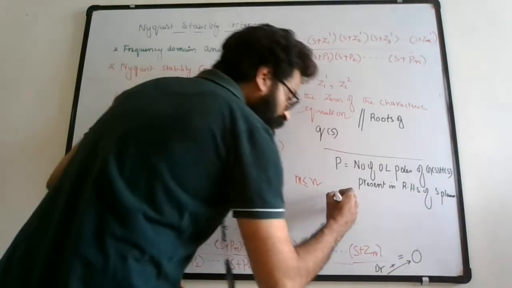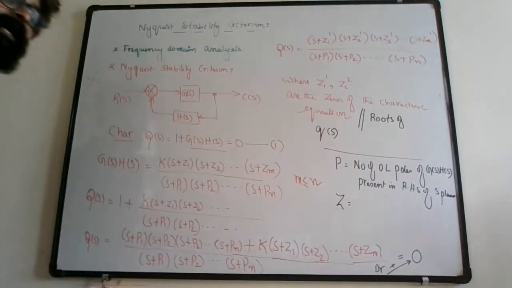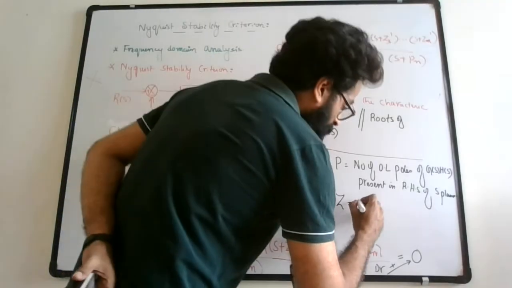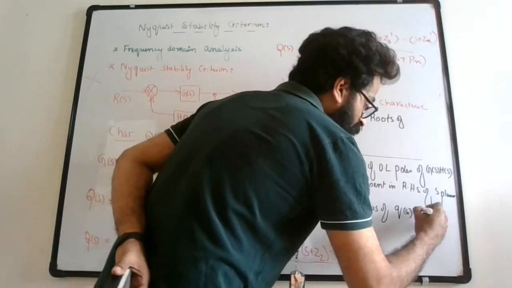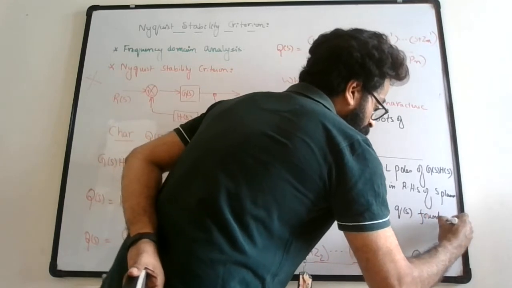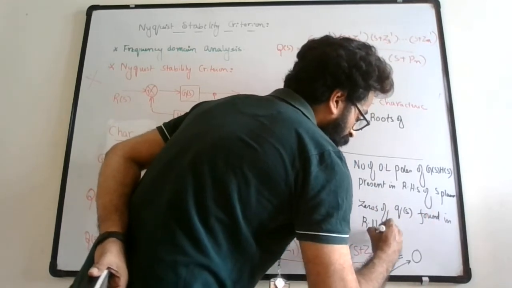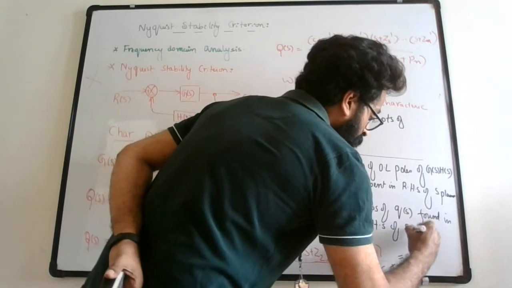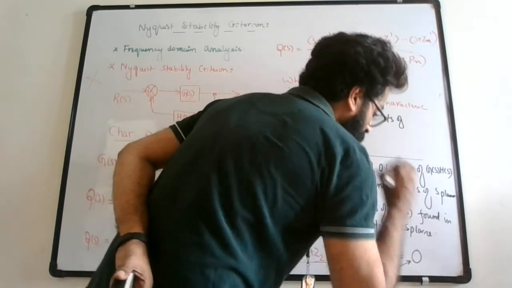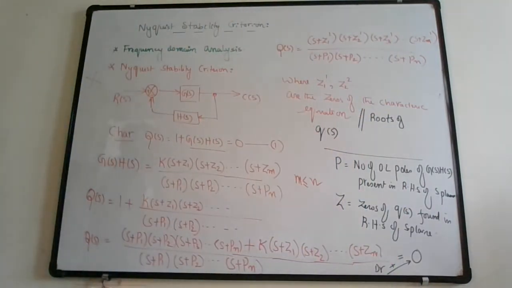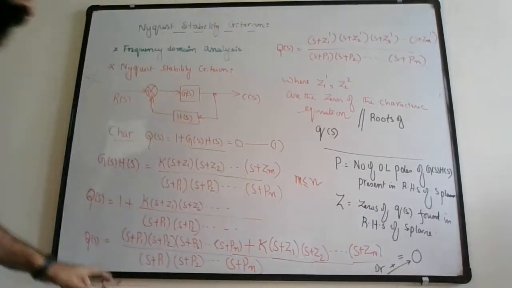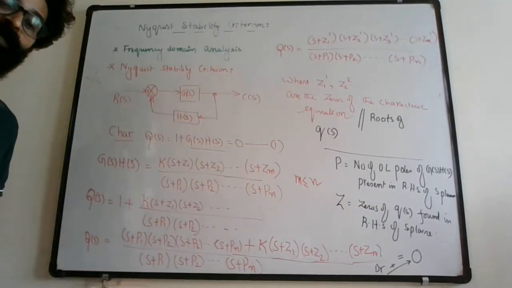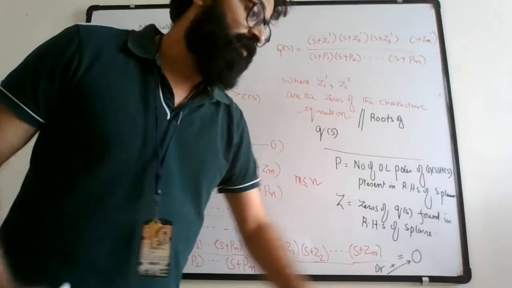Alright. And we also define Z as the zeros of Q of s, which is our characteristic equation, found in the RHS of the s plane.